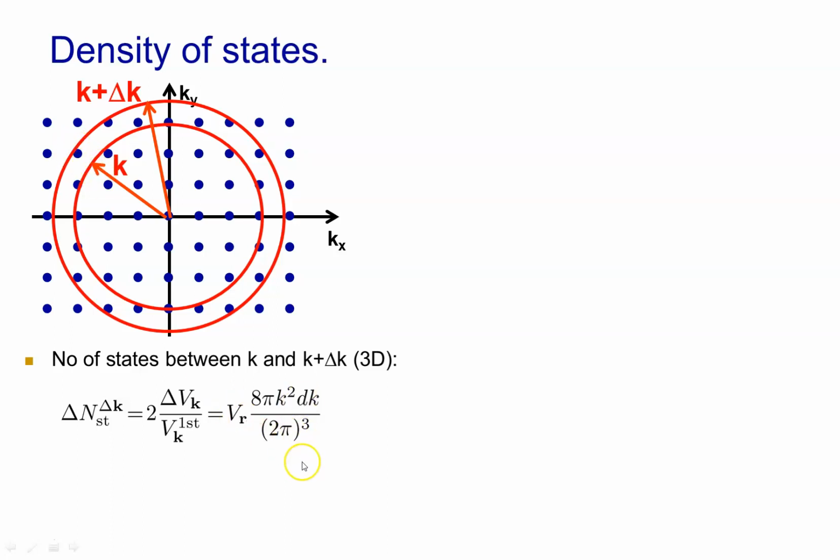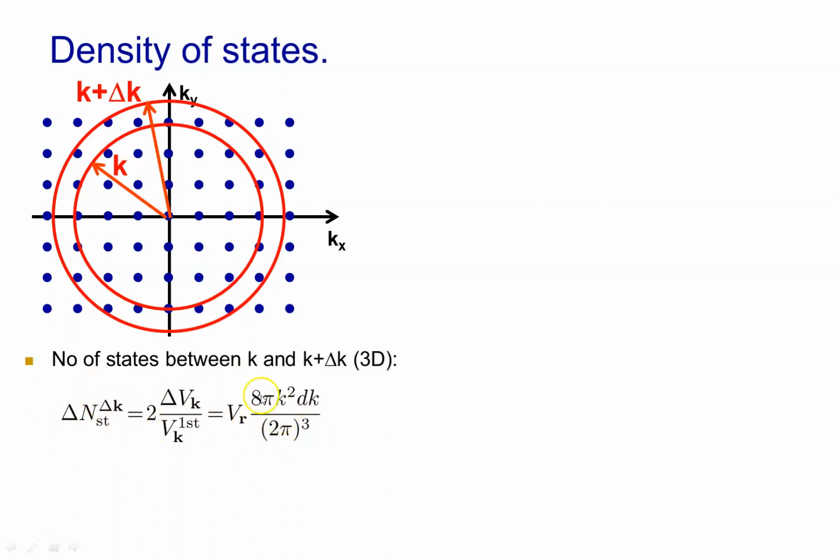So in the continuum limit, what would be the volume of a spherical shell of width dk? It would be essentially 4 pi k squared, which is the area of the inner sphere, times dk. 4 pi k squared dk times these 2 gives me 8 pi k squared dk, and I have the volume over (2 pi) cubed.